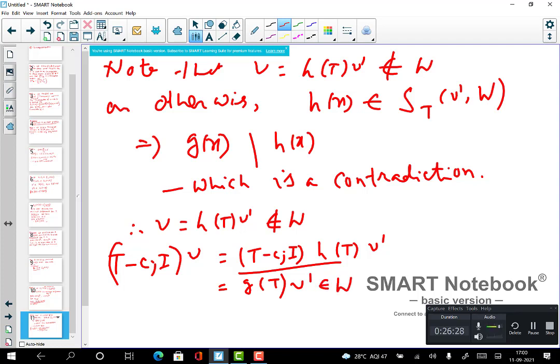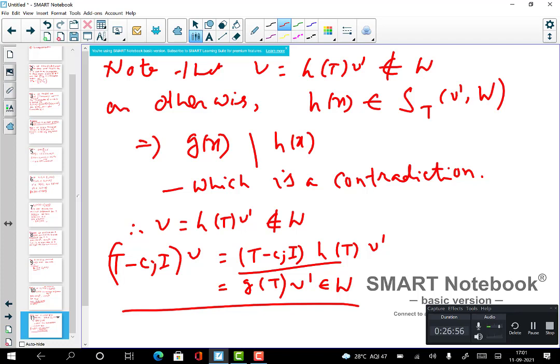So see, though v is not an element of W, when we apply T minus c_j I on v, that is an element of W, and this is the lemma. Now why is this lemma important? This lemma tells you that if you choose a proper subspace which is a T-invariant subspace, then you can always find an element outside that invariant subspace whose conductor is linear.